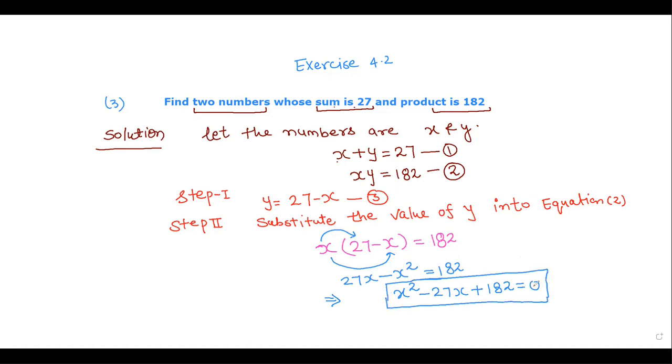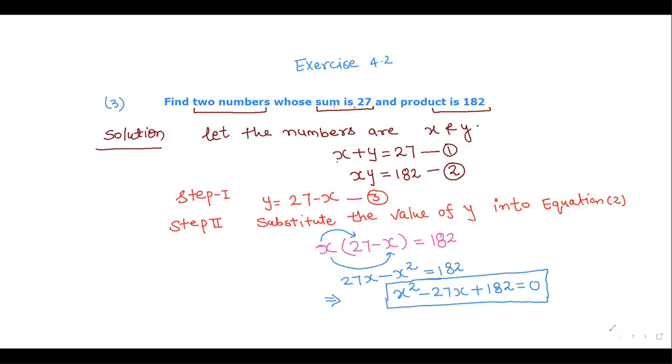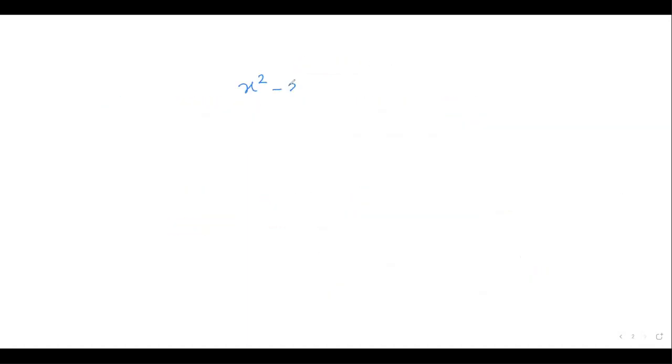Now as you can see in the previous question, that is question number 1, we have learned how to solve the quadratic equation with the help of factorization method. So we will try to solve this equation with the help of factorization method.